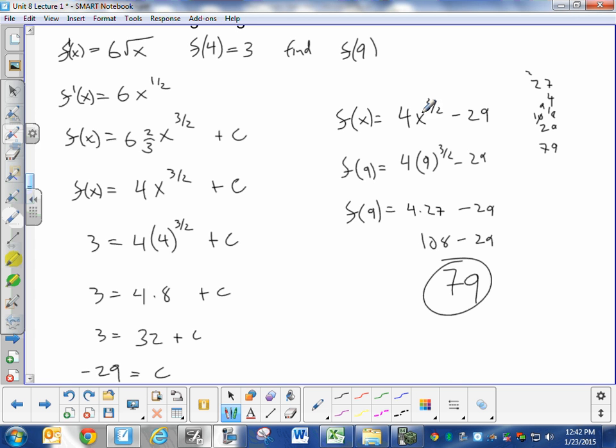But we do know an initial value, and we do know the derivative. Make sure you see on your calculator the answer that you're supposed to see.